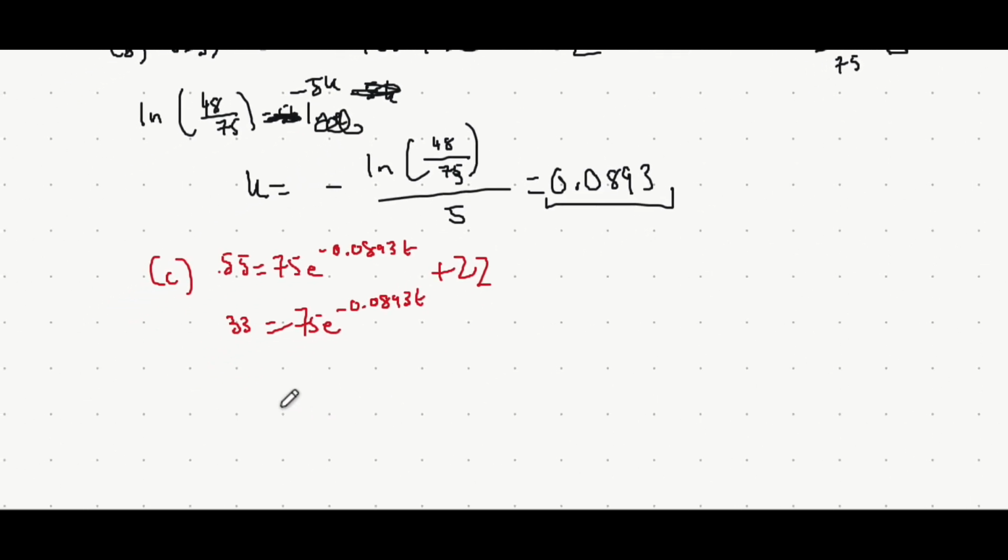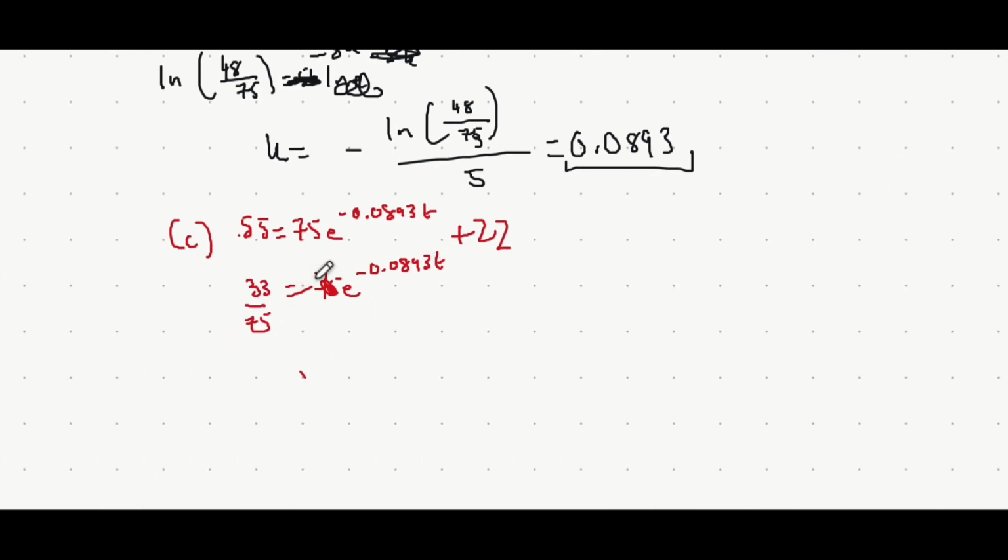Divide both sides by 75. Just to simplify things, I'm going to write it out like this. Once again, we need to bring t forward as a coefficient, so you apply logs to both sides, and we choose the base again to match this variable here. Log base e, which is ln, again. ln 33 over 75 is equal to ln of everything on the right hand side, which looks like this.